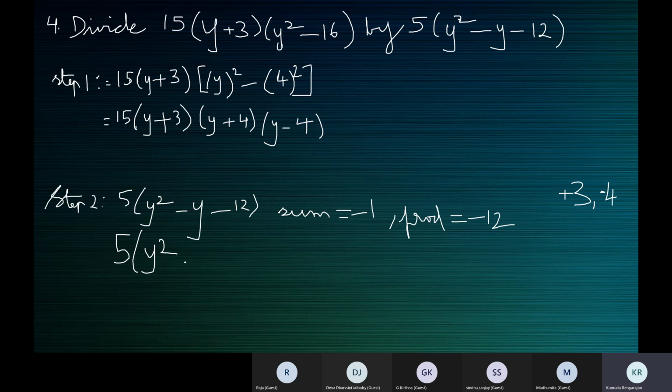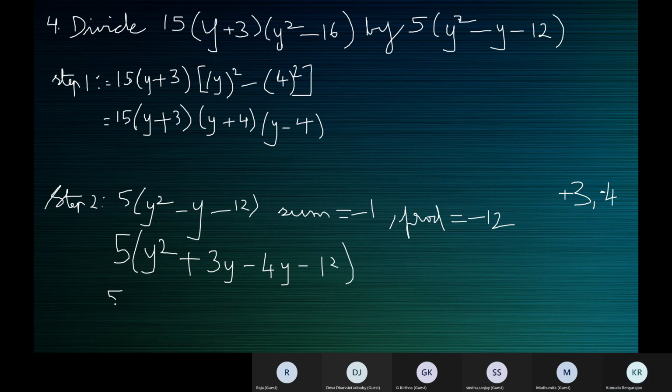Write minus y as plus 3y minus 4y minus 12, ma'am. Plus 3y minus 4y minus 12.